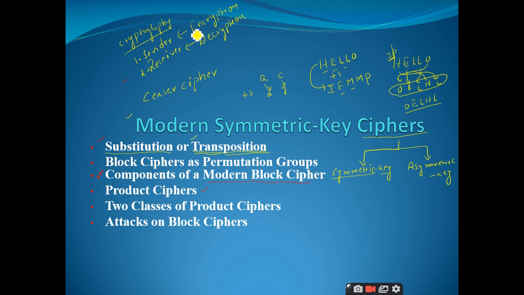In order to convert plain text into cipher text, we should use a key. Key is a very important component in cryptography. Similarly, in order to convert the cipher text back into plain text at the receiver end, we have to use a key also. So encryption involves a key, and decryption also involves a key.